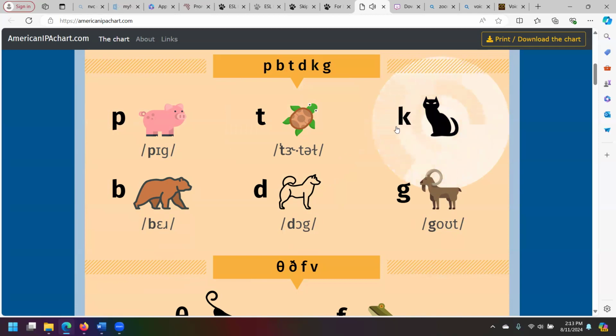So here you see that it's the ka, the symbol is the K. The letter, how you spell it, is the C. So this is why English is confusing when we have spelling. Symbols are always the same. The letters can be different. Okay?